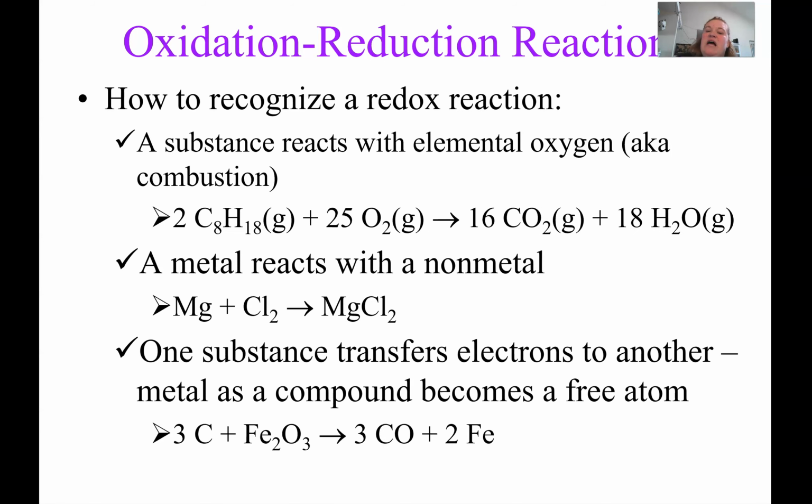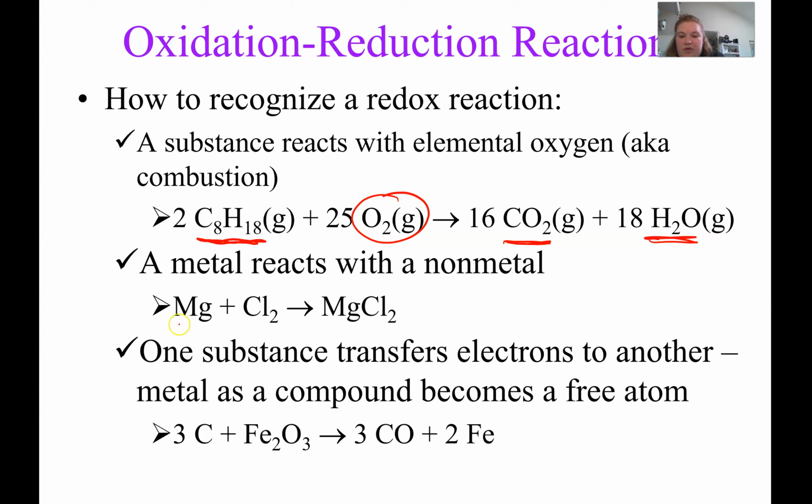Here are some types of oxidation-reduction reactions. We have 3 types on here. The first one says a substance reacts with elemental oxygen. So this is also called a combustion reaction. And when a combustion reaction happens with a hydrocarbon, meaning hydrogens and carbons, we will always make CO2 and water. The second type is a metal reacting with a nonmetal.